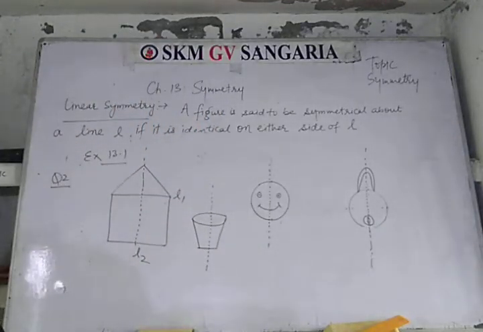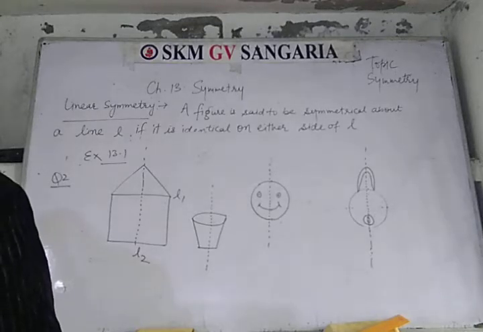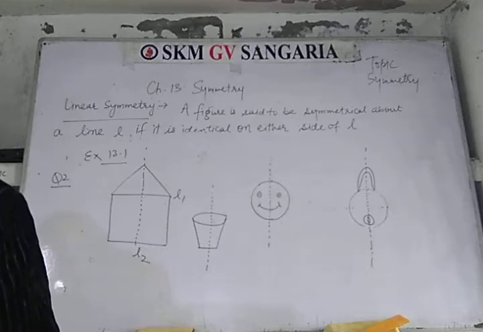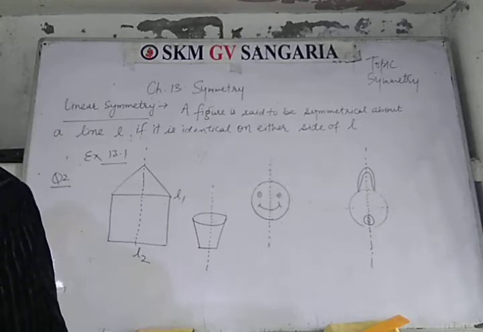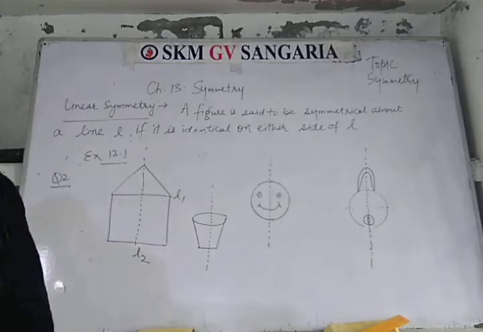In C figure, not possible. In D figure, yes, it is a telephone. You can draw a vertical line of symmetry here. In E, the shape is like D. You can draw which line? Horizontal line of symmetry in this way.